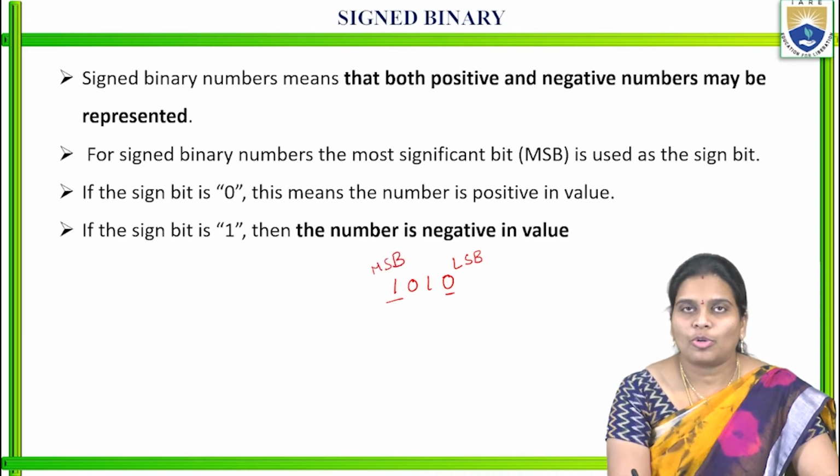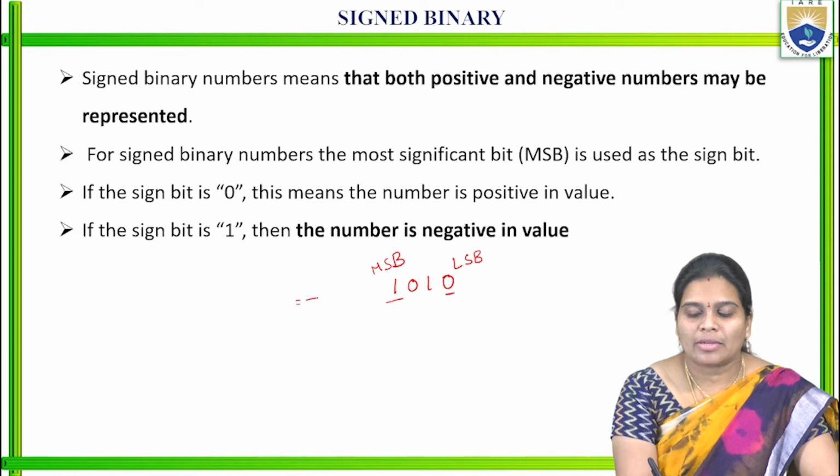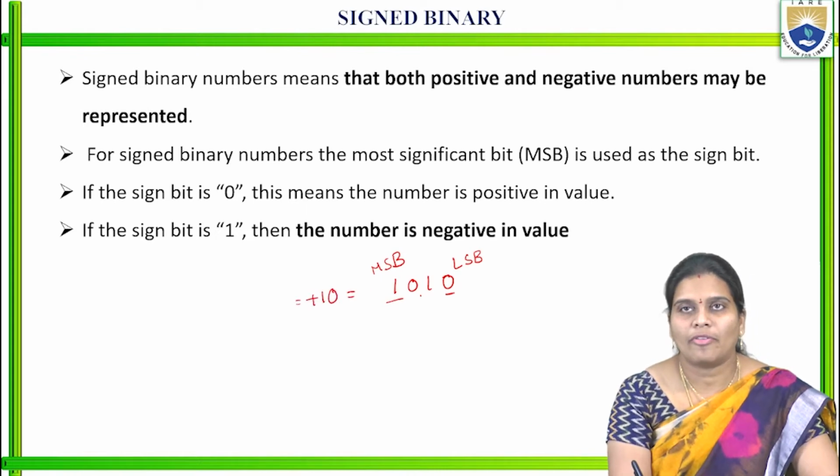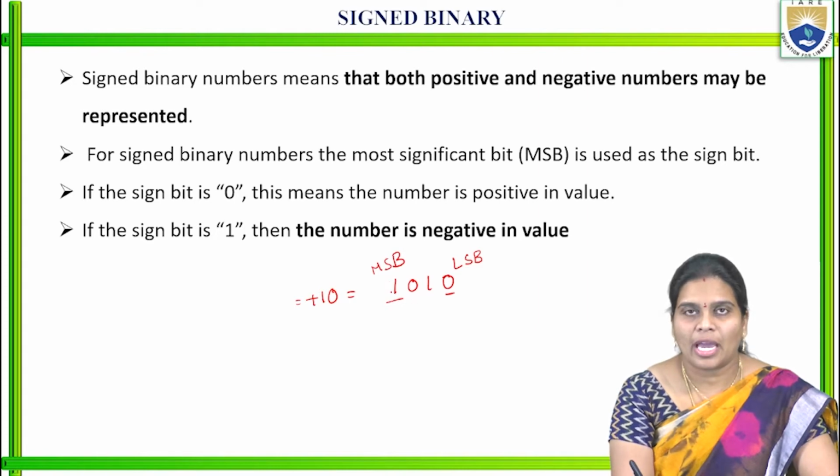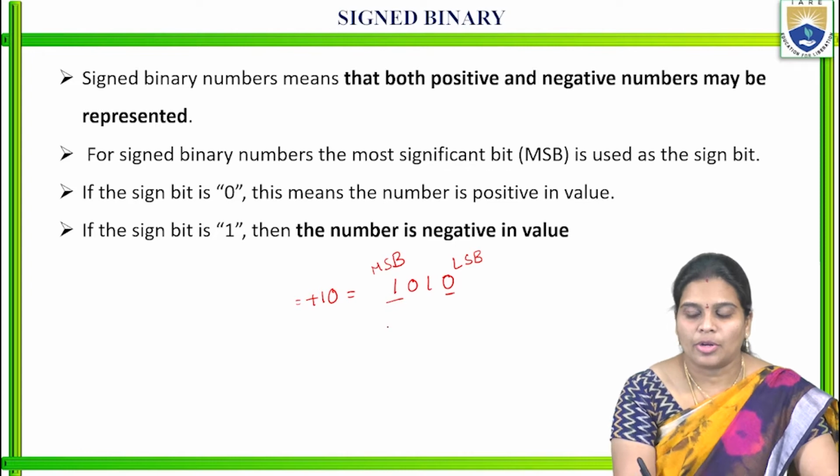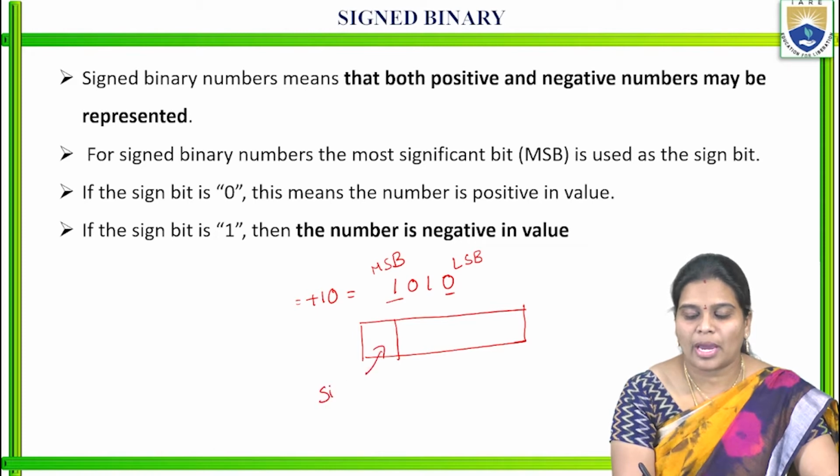Now I want to write the +10 value. In signed binary numbers, we include the sign as well as the magnitude. The sign is represented in the MSB bit, and all the remaining bits represent the magnitude. This representation is the sign magnitude.